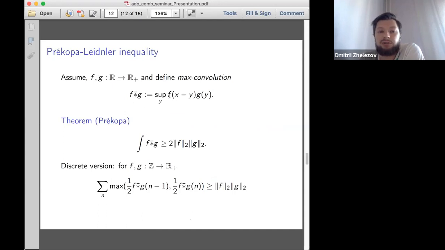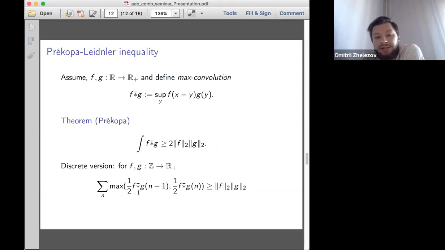It's like a normal convolution, but instead of summing or integrating, you take the supremum over y here. And the classical theorem of Prékopa is that the L1 norm can be bounded in terms of the L1 norms of f and g here.